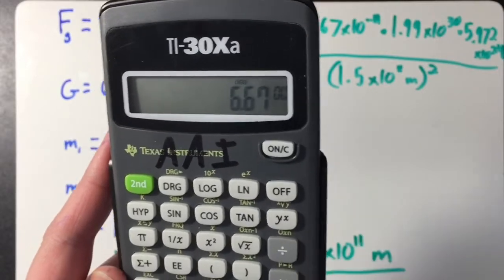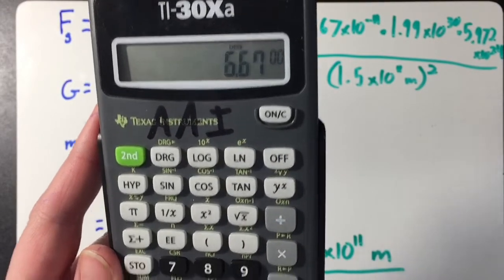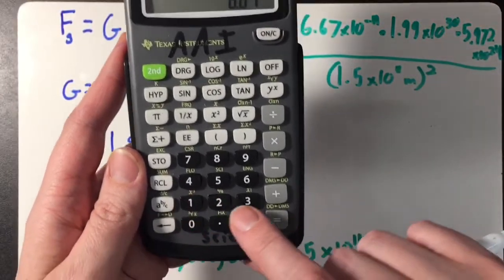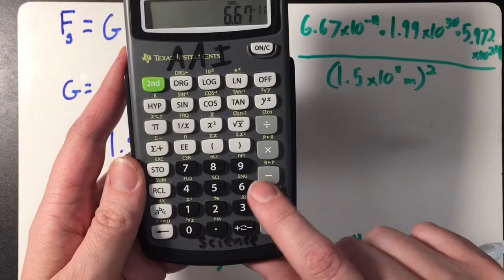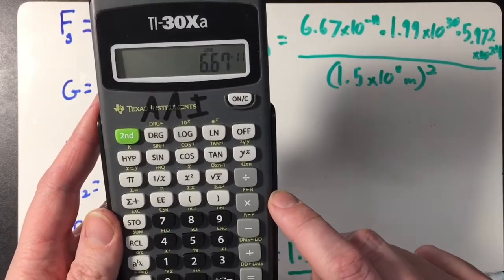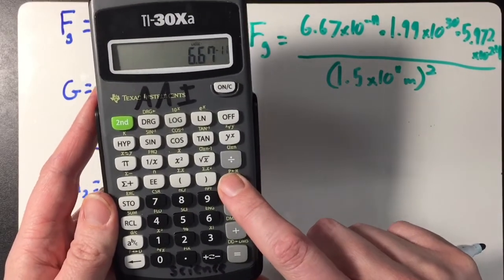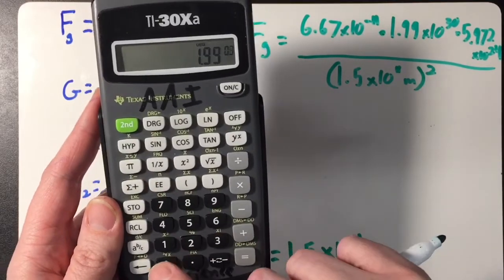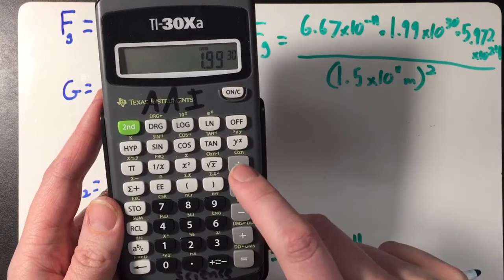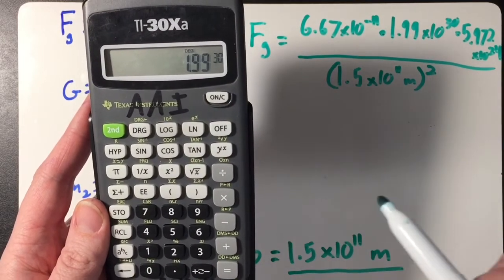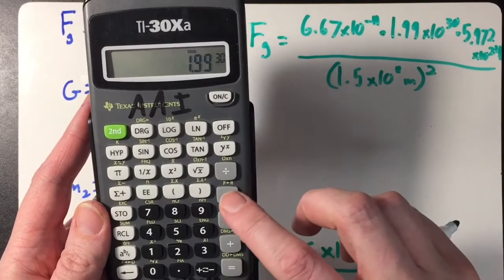I'm going to do negative 11. Notice I use negative 11. Don't use subtraction because that totally confuses the calculator. So times 10 to the negative 11th power. So I multiply that by 1.99 EE30, which means times 10 to the 30th power. Now this is only a shorthand on the calculator. You'll want to make sure you actually write down times 10 to the something power on paper.